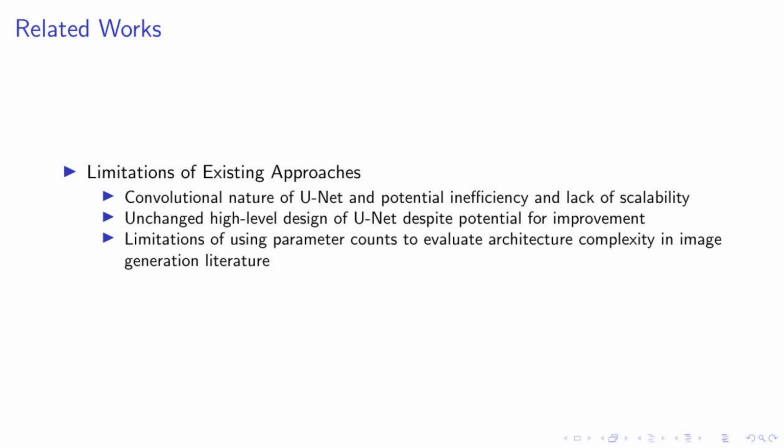Secondly, in the image generation literature, architecture complexity is often evaluated using parameter counts. However, this method has its limitations as it doesn't account for factors like image resolution, which significantly impacts performance. In our research, we've taken a different approach, focusing on the transformer class and introducing diffusion transformers or DiTs to address these limitations.